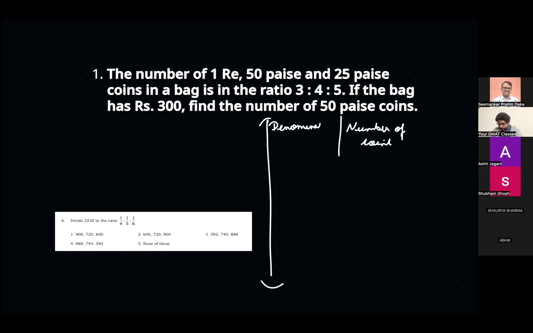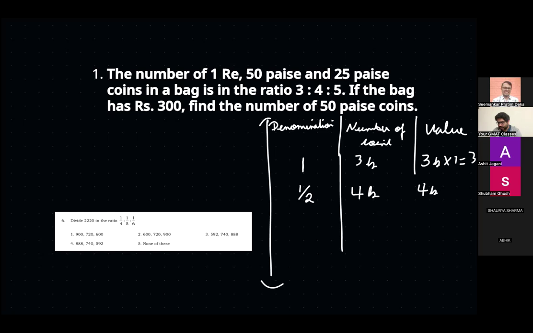So 1 rupee denomination, how many coins do I have? 3k. So the value will be 3k into 1, which is 3k. 50 paisa is half rupee. 4k coins. So the value will be 4k into half rupee, so that is 2k.